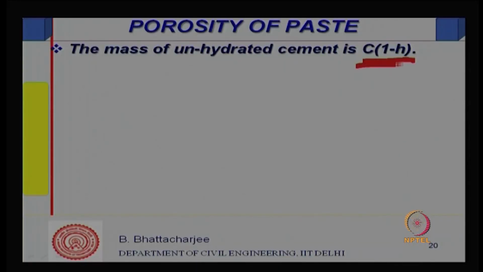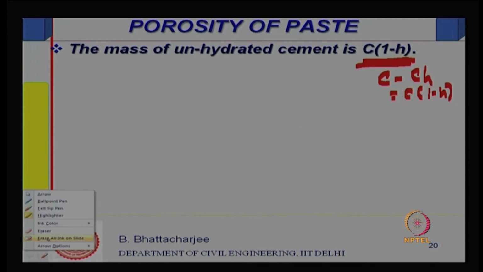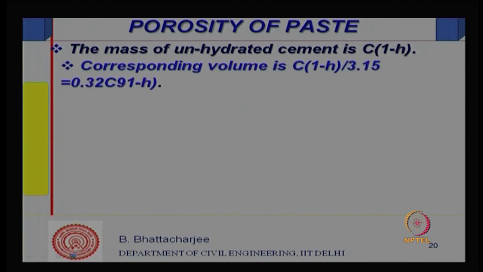The mass of unhydrated cement, of course, will be C into (1 minus H), because CH has hydrated; originally C, minus CH, is nothing but C(1 minus H). So, that is what it is. The mass of unhydrated cement will be only this much, and the corresponding volume, because the density of cement is 3.15, will be 0.32 C (1 minus H).